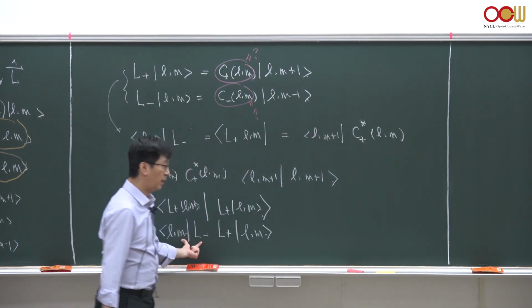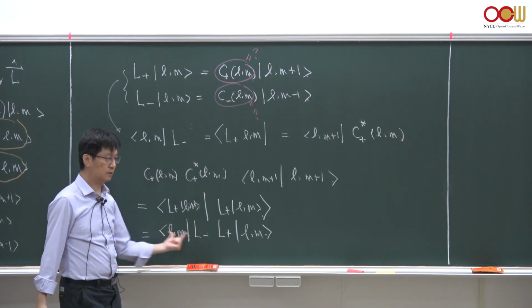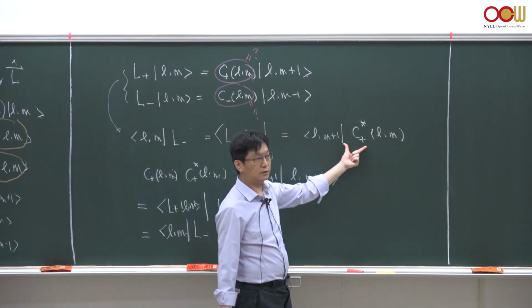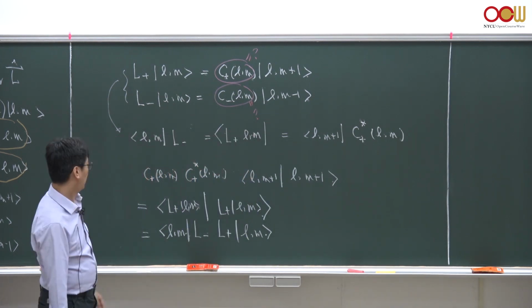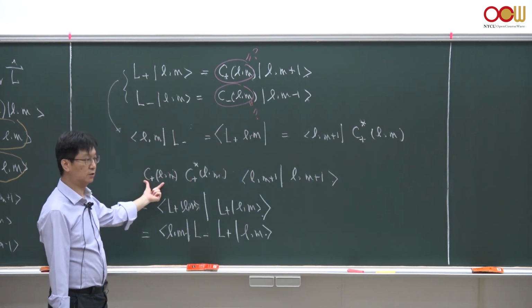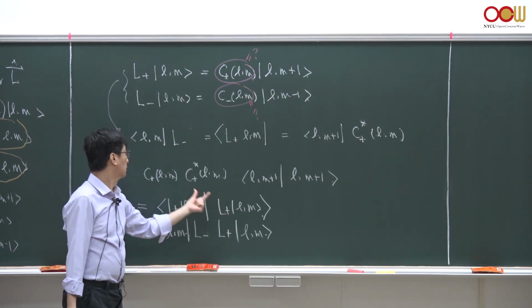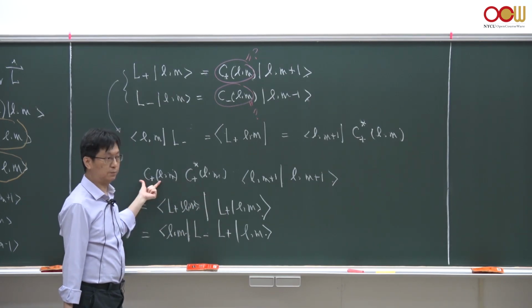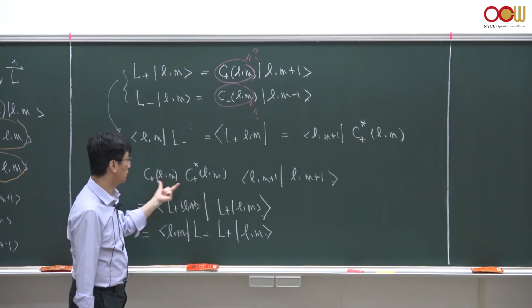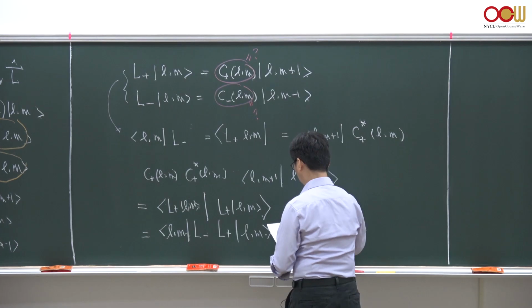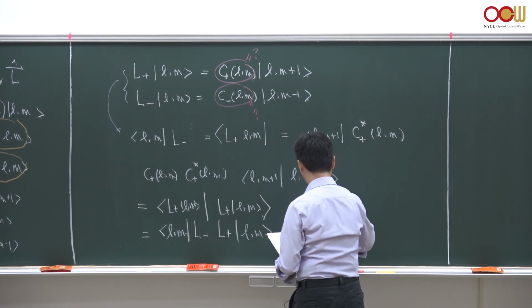What is L minus acting on |l,m> to the left? Well, this is nothing but <l,m+1| times the C star plus. And on the right-hand side, the ket state is C plus |l,m+1>. So C plus times C plus star is the square of C plus.